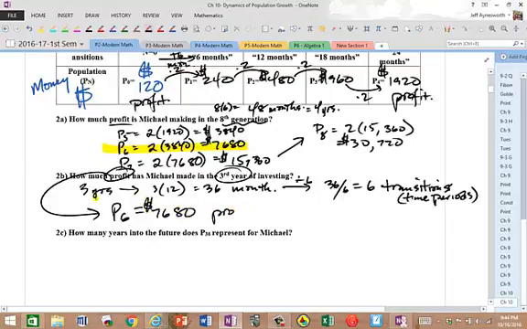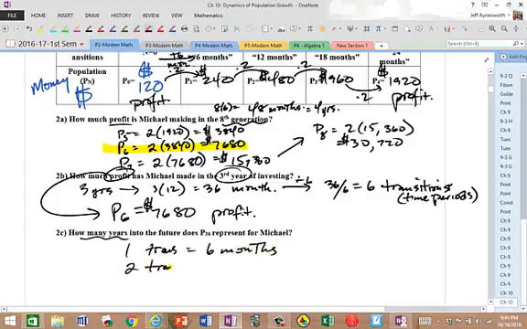Okay, and this one says how many years into the future does P sub 36 represent? So let's understand this. One transition equals 6 months. 2 transitions equals 12 months.